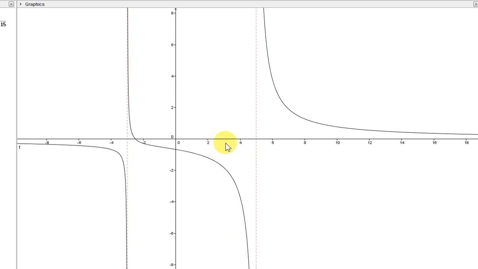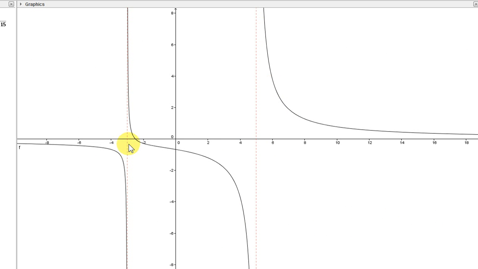Here's t equals 5. If we approach 5 from either the left or the right, we are not approaching a unique value. The limit doesn't exist at t equals 5. If we approach 5 from the left, then the function is heading towards minus infinity. If we approach 5 from the right, the function is heading towards plus infinity.